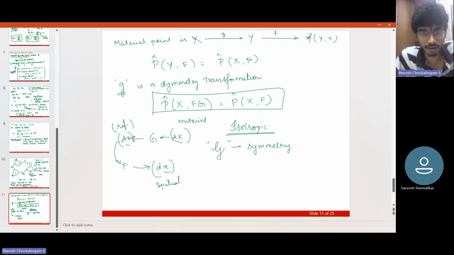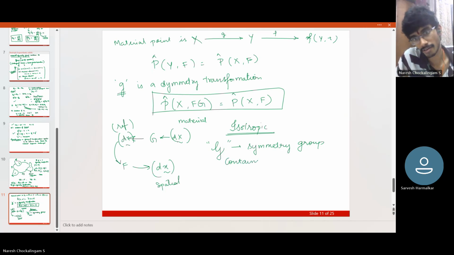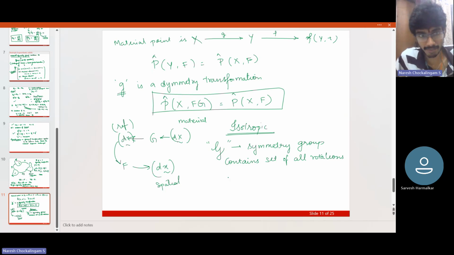The collection of all such transformations which leave the material response P cap unchanged is the material symmetry group G. When this group contains the set of all orthogonal tensors, the set of all rotations, basically this means that you take the material, rotate it in any way you want, and in all the directions you get the same response.